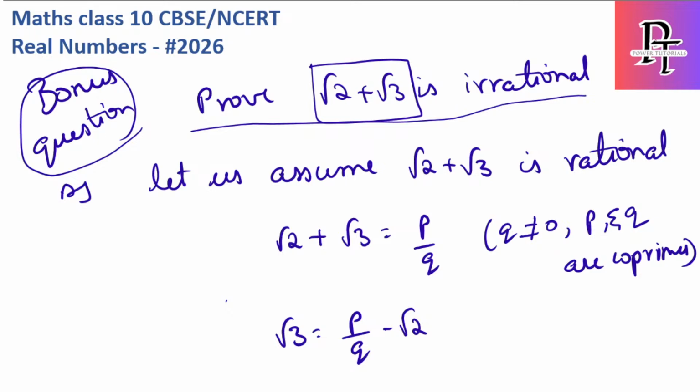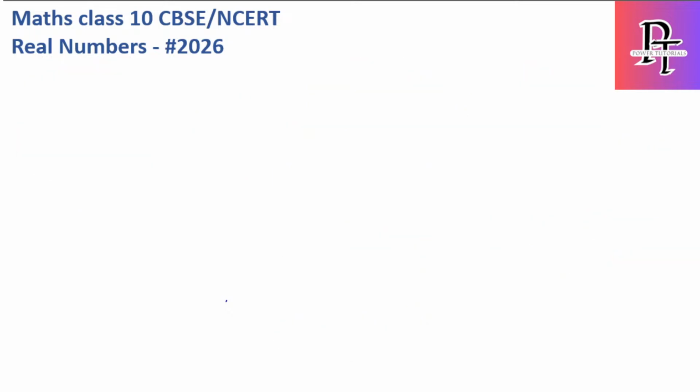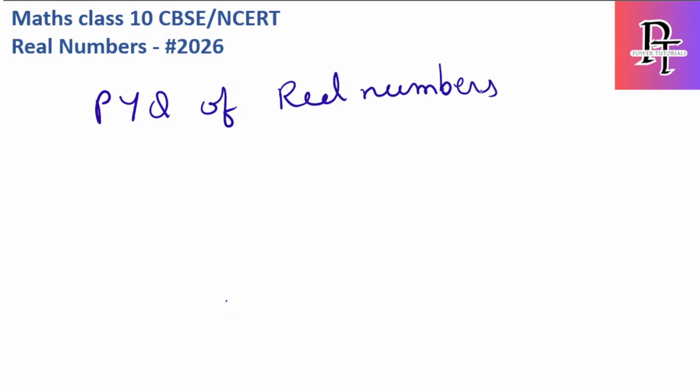So in this way, all the questions of real numbers, exercise 1.1 example questions and exercise 1.2 have been done. In the next video, if possible, I will try to make another video where I will discuss previous year questions of the real numbers chapter. Because NCERT is a base, but it's not like if you solve all the questions of NCERT, you can solve every question in the previous year exam.